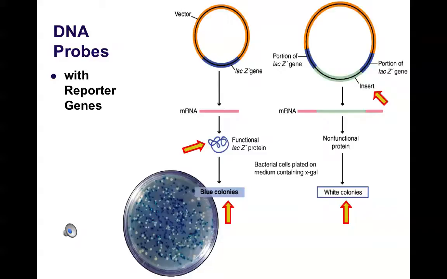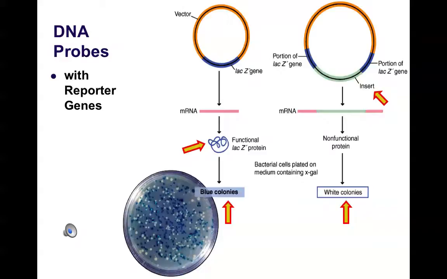And it's the LAC-Z protein that helps produce the blue colonies. If we've inserted new DNA within that LAC-Z gene, then when that's transcribed and translated, we have no functional LAC-Z protein. And so we get white colonies.